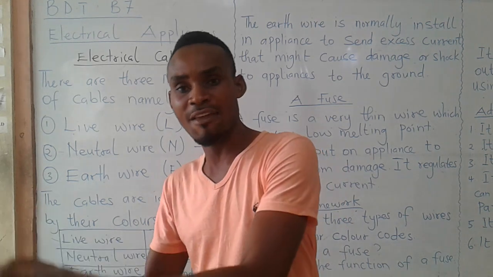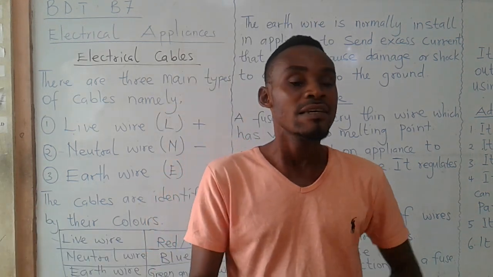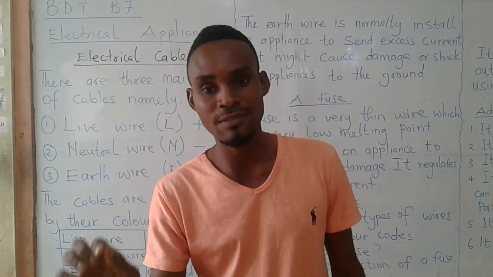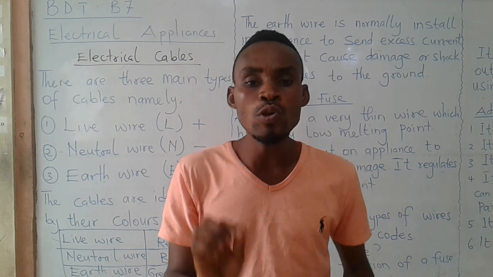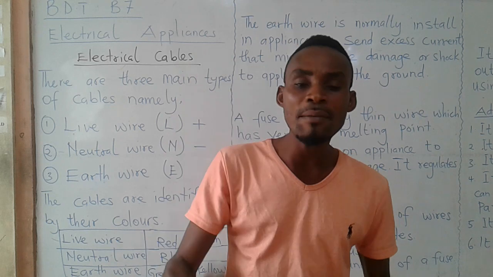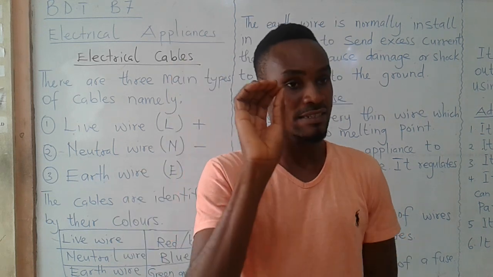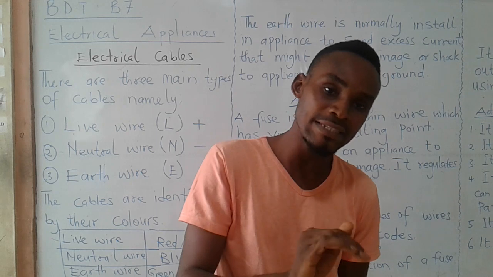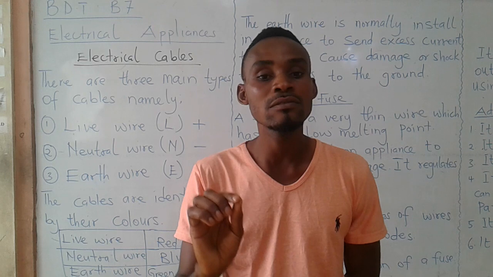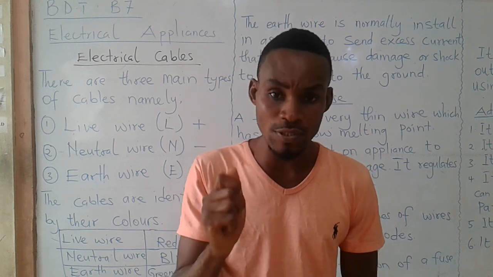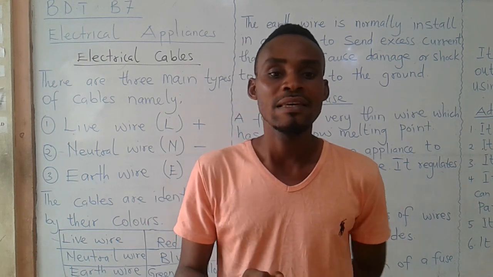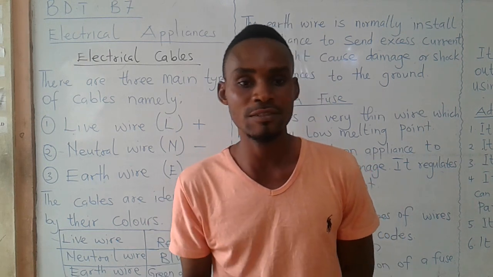These are called live wire. So I'm saying that the current flows through the live wires. For you to understand very well, these wires are kept in brown insulators, that is the live wire, or red insulators. Now the neutral cable is colored blue. To prevent electric shock, there is a third wire called the earth wire. It has green and yellow color.